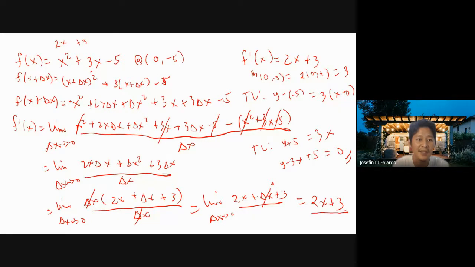And then derivative ni x, sa theorem 2.1, derivative ni x ay 1. Minus 5, derivative ni constant ay 0. So itong f prime of x natin will just be 2x plus 3. Di ba?